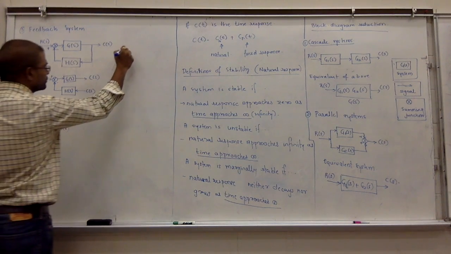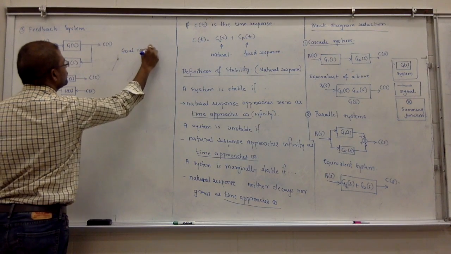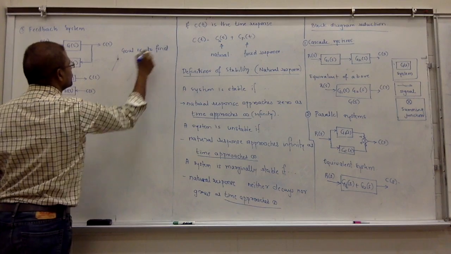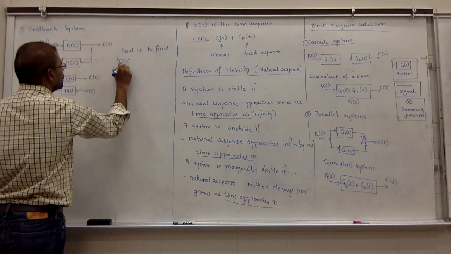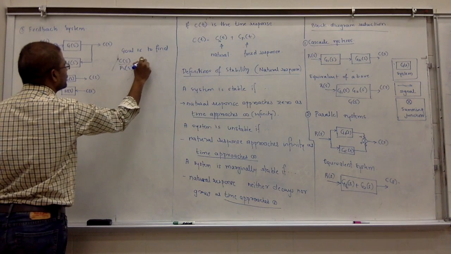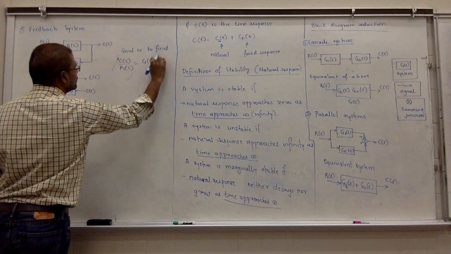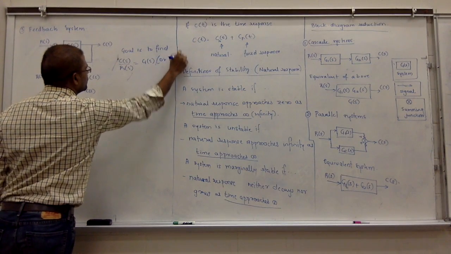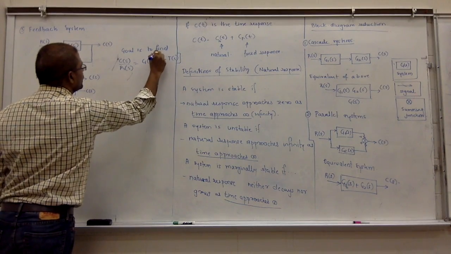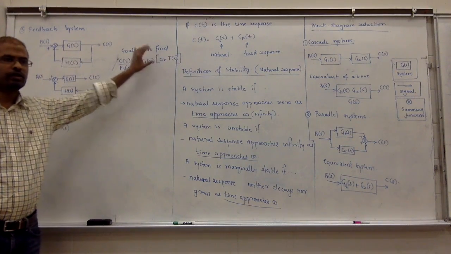Our goal, always remember, is to find C of S over R of S. This is the transfer function. It could be represented by G of S or sometimes T of S. Don't get confused: G of S or T of S just refers to the transfer function.